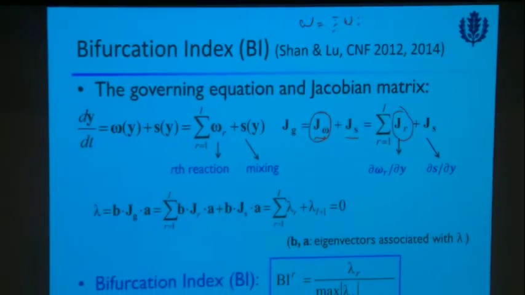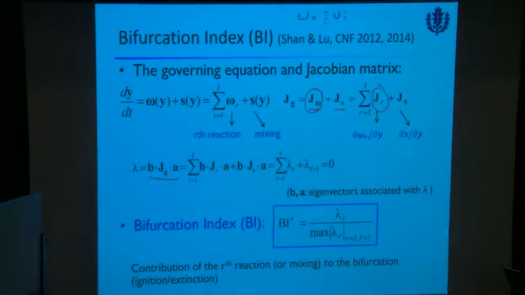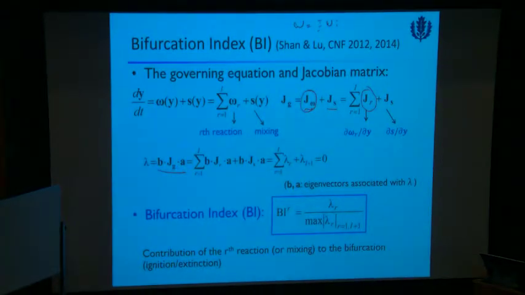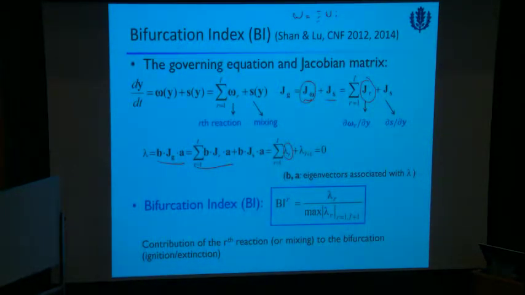Similarly, if you do the eigen projection onto the full Jacobian, you can decompose this chemical part into the summation of contributions from each individual reaction. If this lambda_r is significant, that reaction is important at the extinction point. If this lambda_r is negligible, it doesn't play an important role. It's not controlling the extinction state.